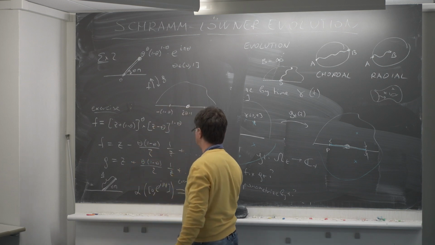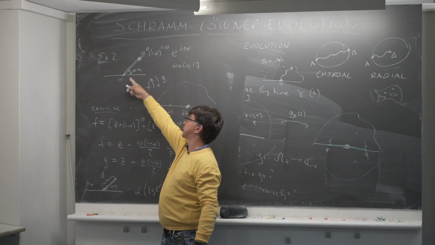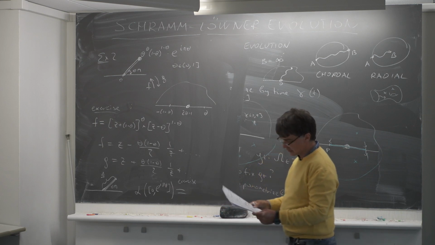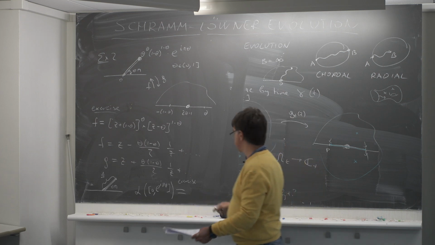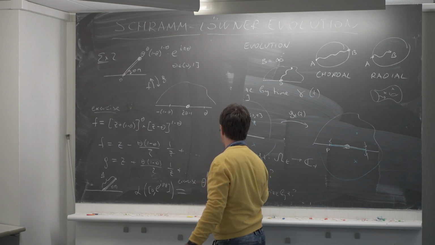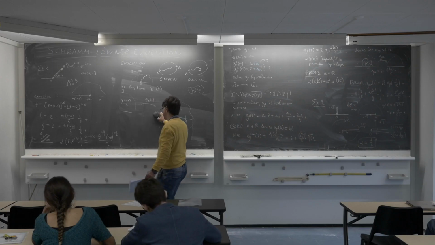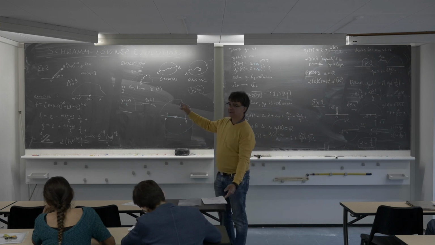I should take this number, but I should remember that I calculated for an interval of a different length, so I should use this rescaling. The formula is theta to the power (1 minus theta)/2 times (1 minus theta) to the power (1 plus theta)/2.